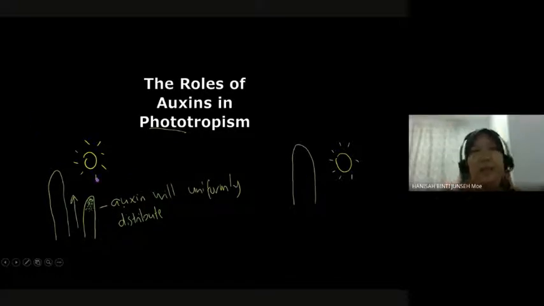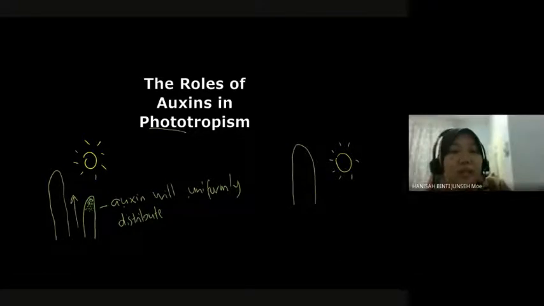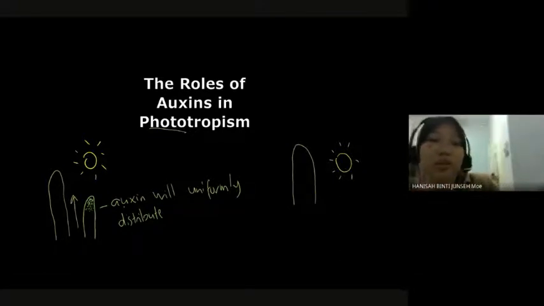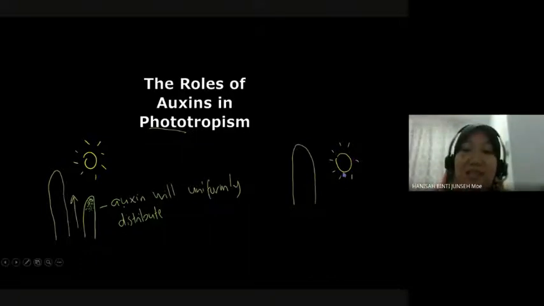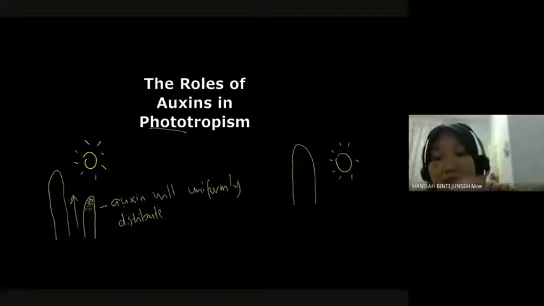Kita akan nampak the plants grow upwards because the auxin will uniformly distribute. But if this case happens when the source of light or the exposure of light is only at one side, let's say here is left, right. This is the right side and this is the left side.